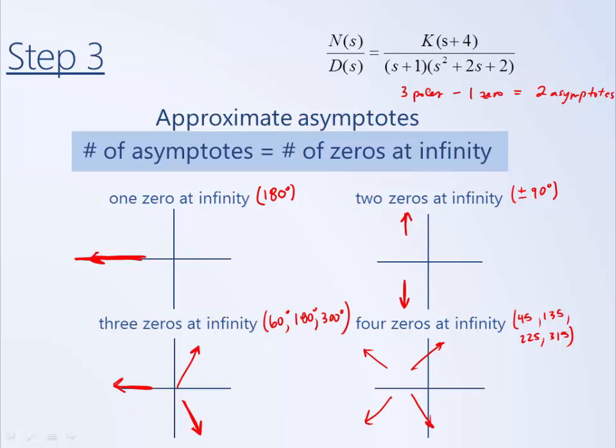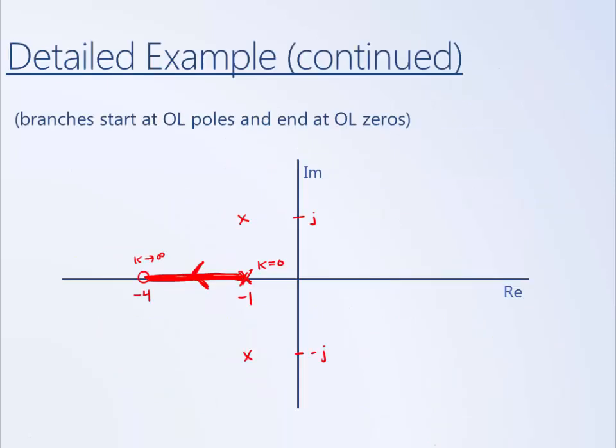So if we go back to our picture, we can go ahead and draw that in. We know that our asymptotes will go at plus 90 and minus 90, but we don't know if the asymptotes will be located over here or over here. It turns out they're in the right half plane. So you'll have some asymptote going up at 90 degrees, and you'll have some asymptote going down at 90 degrees. And you'll end up with something like this.